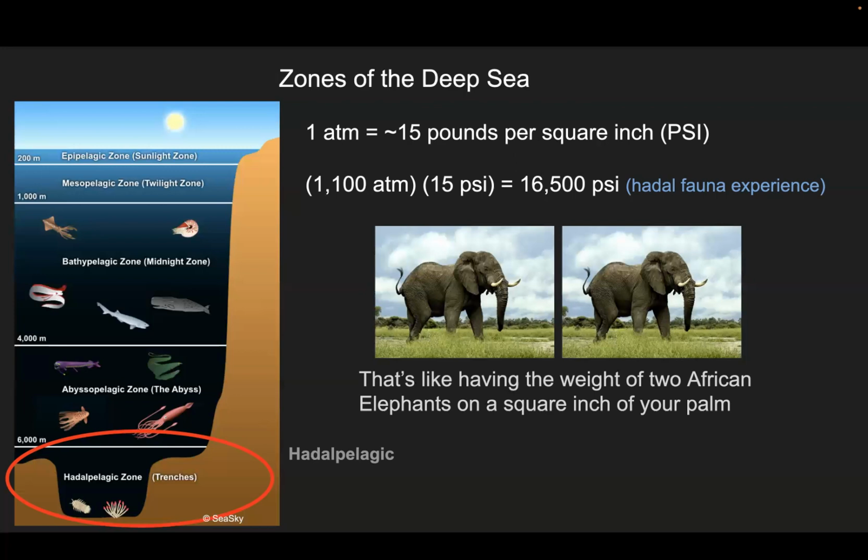So what would happen is your hand would break and those elephants would fall right through. So we have not evolved to be able to deal with that pressure. However, deep sea fauna are exhibiting that pressure constantly. Pretty amazing. I'll get into how these deep sea animals are able to deal with that pressure later. But for now, let's keep going.